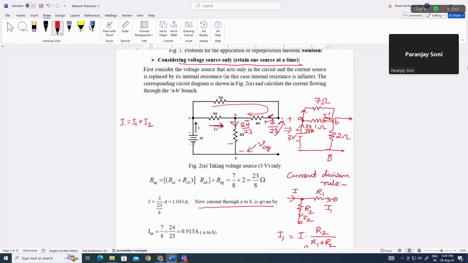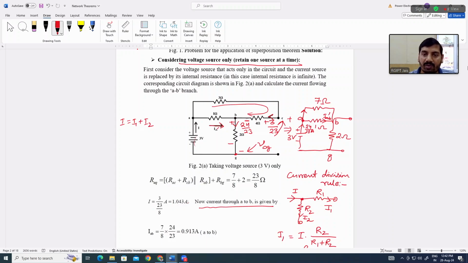Yes, sir. Okay, so applying KVL in this loop, we start at this point and take VCG, then the voltage across this branch, then across this branch, and reach this point again.